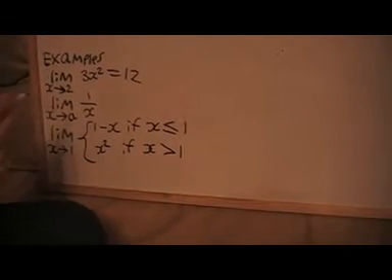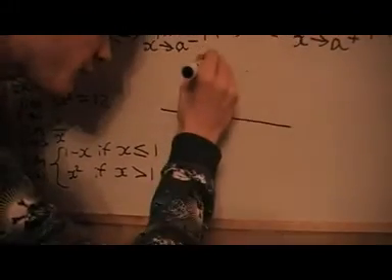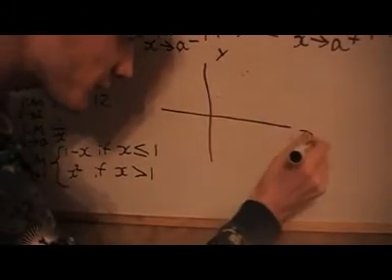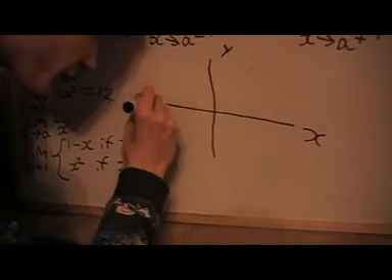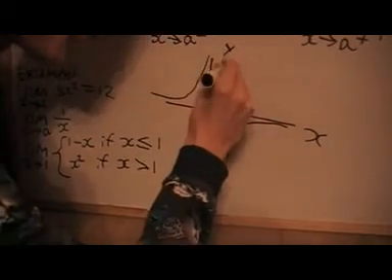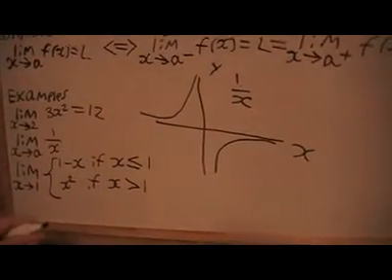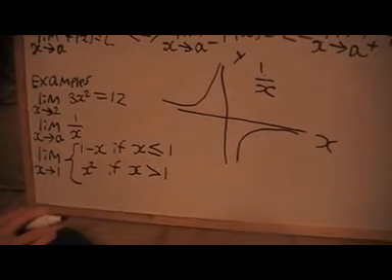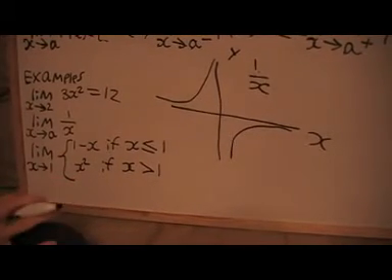I'm hoping that people have seen this graph before, because it's a very common and basic graph that you should have learned a lot about in your algebra class. It looks like this. You can see that this graph looks totally different from the other one.